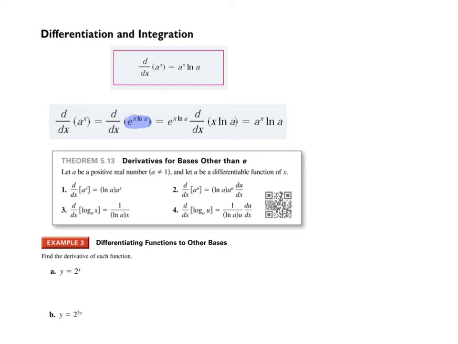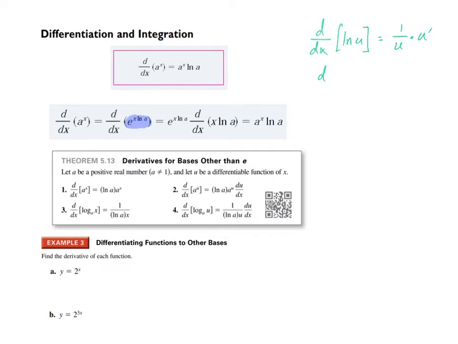We have learned that, first of all, the derivative with respect to x of the natural log of u is equal to 1 over u, 1 over the input u times the derivative of u, u prime. Or I think the more formal way to write that would be du dx, but I'm going to leave it u prime.